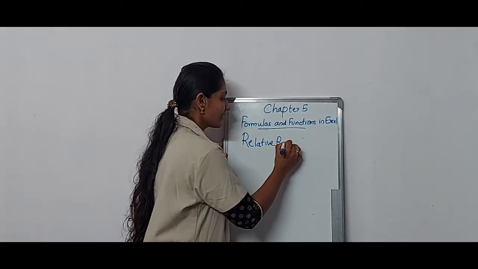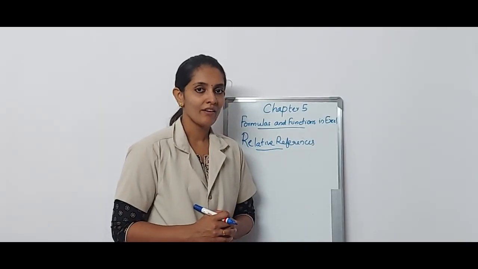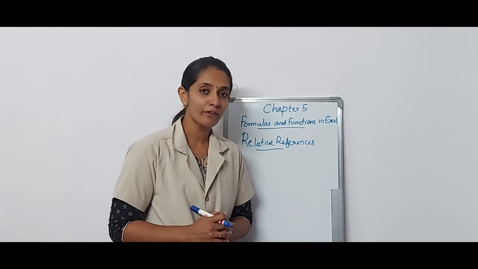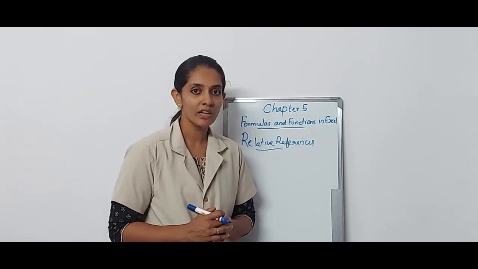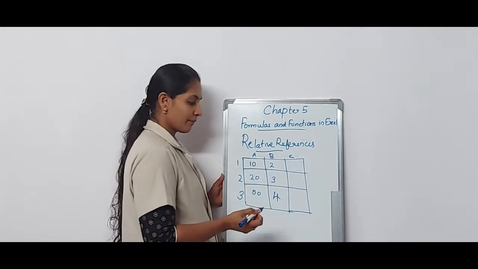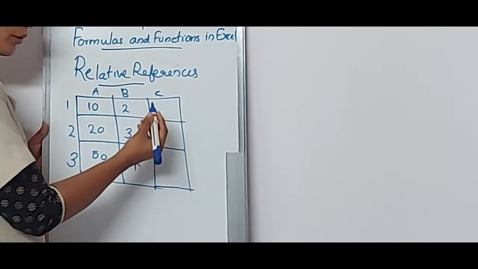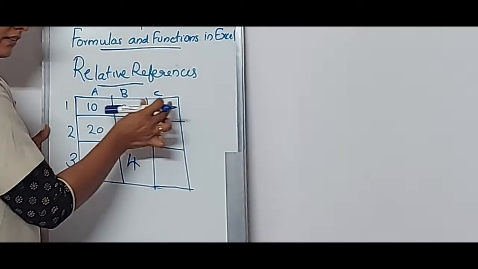Relative references. In relative references, when a formula that possesses a relative reference is copied from one cell to another, the value in the copied cell also changes. For example, this is an Excel sheet. I am going to give a formula in C1. This is A1, B1, this is C1.